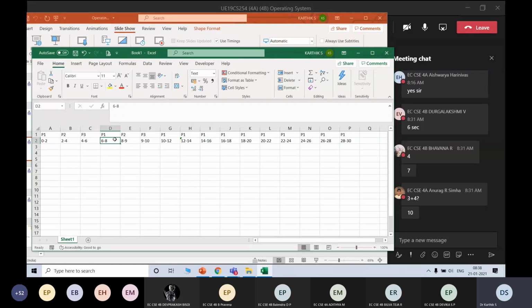As far as P3 is concerned, it is 2 plus 2, 4, and then 6 plus 1, 7 milliseconds.